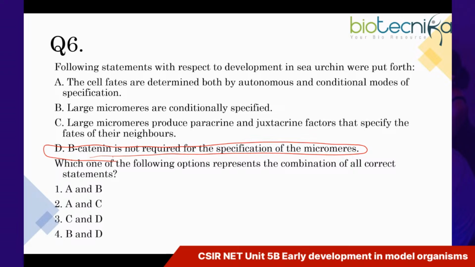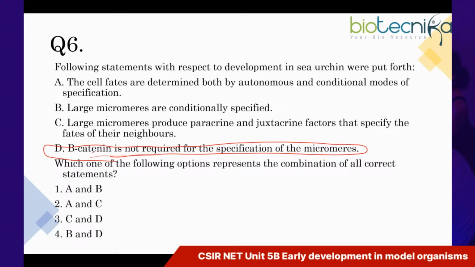Beta-catenin is not required for specification of micromeres. All this time, what did we study then? You are saying micromeres are autonomously specified, which is correct. But then you are saying beta-catenin is not required. How else are micromeres specified? Beta-catenin is the factor, no? So they are autonomously specified by beta-catenin.